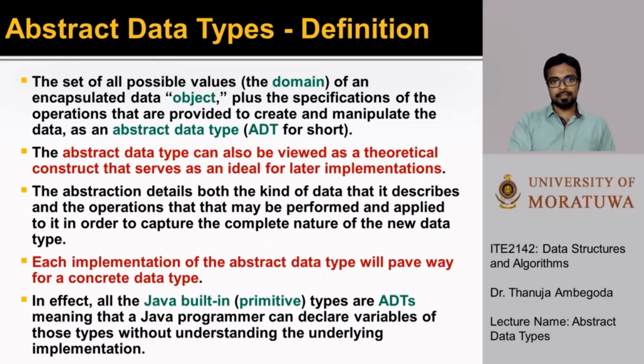Let's look at the definition of abstract data types, or the formal definition. The set of all possible values, that is the domain, of an encapsulated data object and the specifications of the operations that are provided to create and manipulate the data is defined as an abstract data type, ADT.